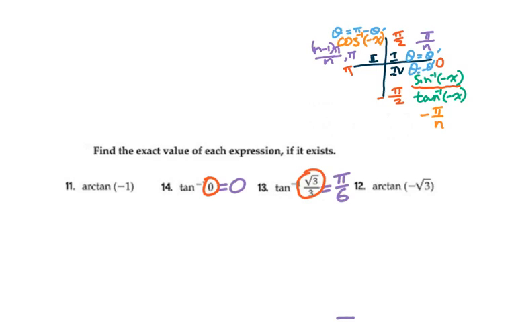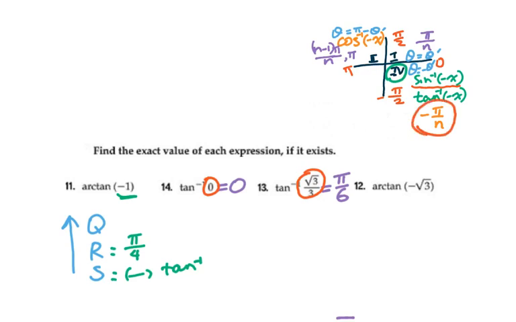For number 11, we do QRS backwards. We figure out the reference angle first, that's pi over 4. Since this is negative and we're working on inverse tangent, that means go to the fourth quadrant.